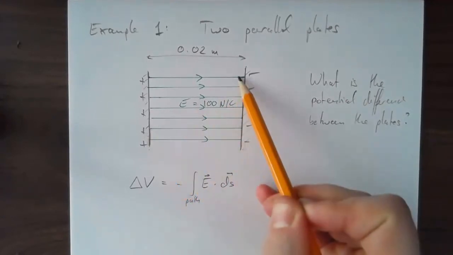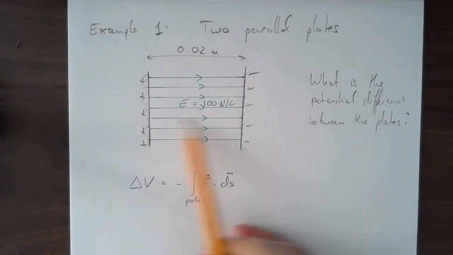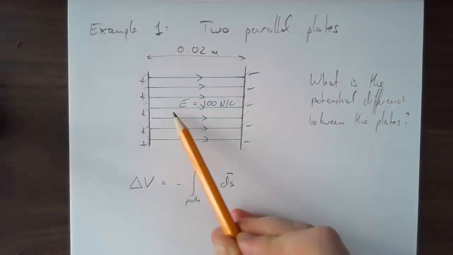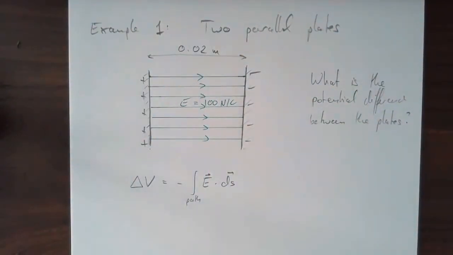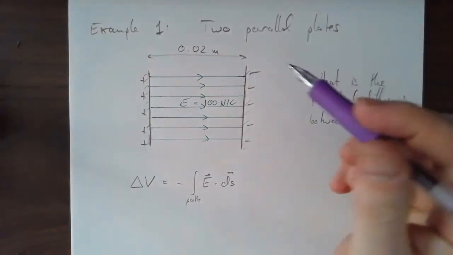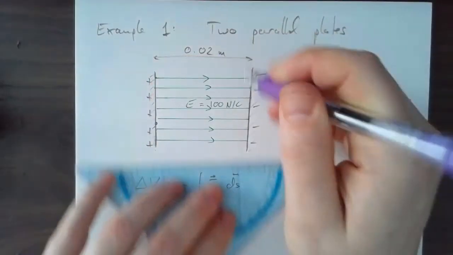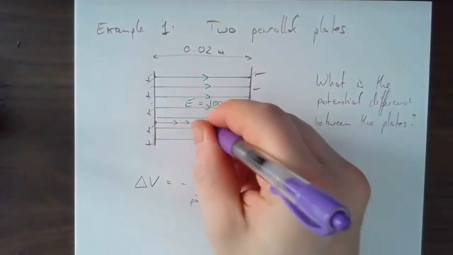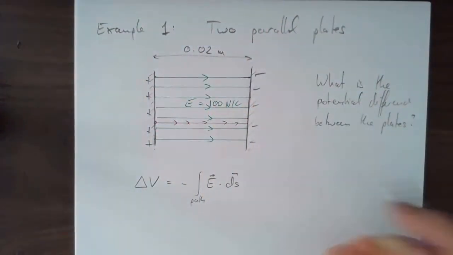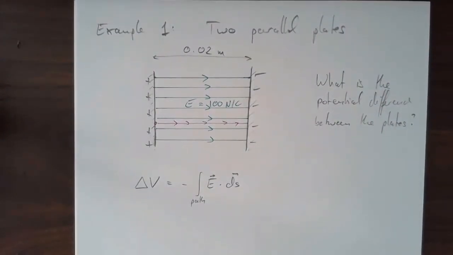If you pick a diagonal path, it's going to be longer than a straight path, but every step is going to take you down the potential hill by a smaller distance. Let's make our lives easy. Let's pick the straight path, right? So the path I'm going to pick, I'm going to start here, and I'm going to go over there in a straight line. That's the path I'm going to choose to integrate along for obvious reasons, because it's the simplest one.